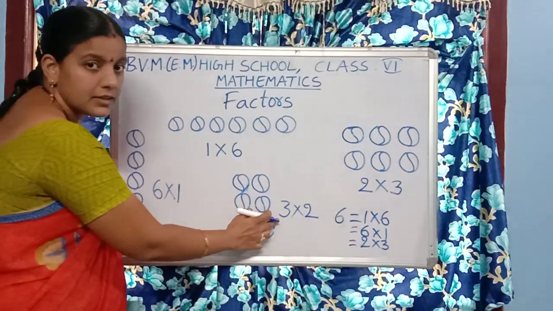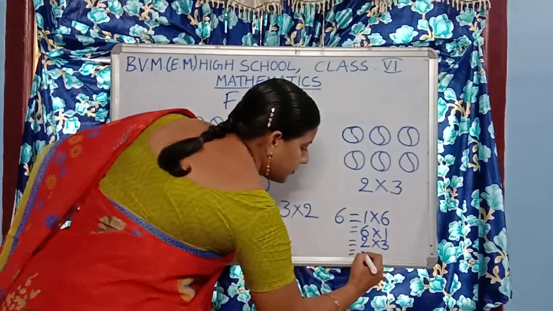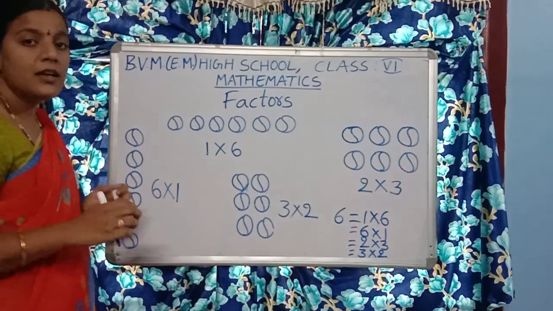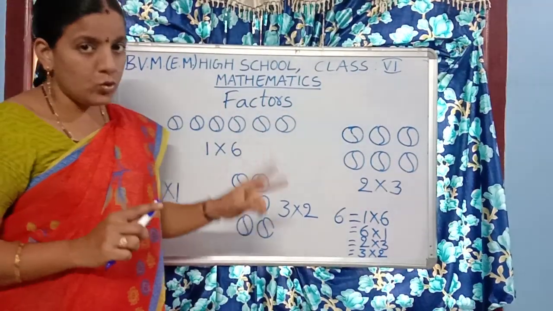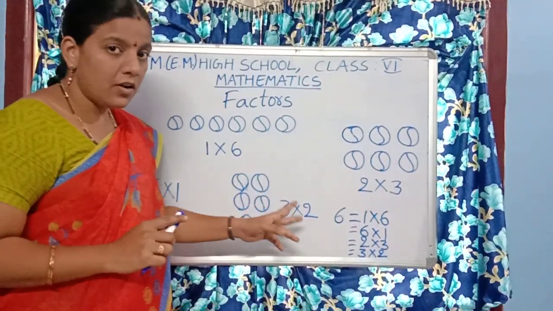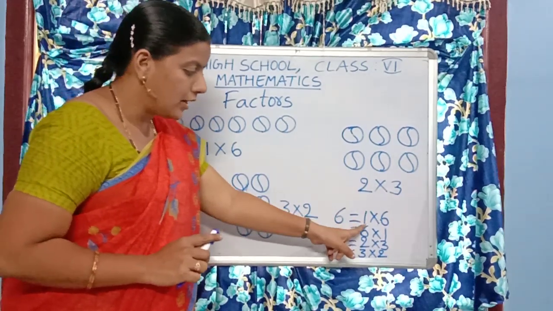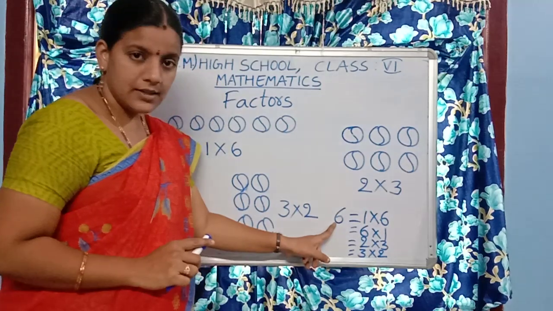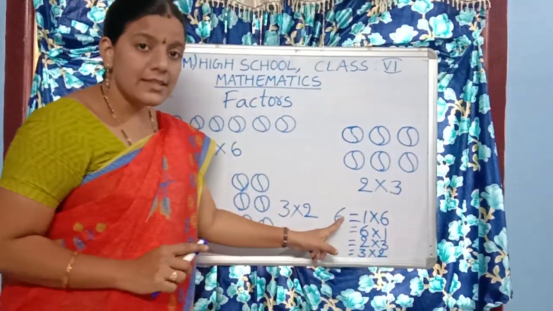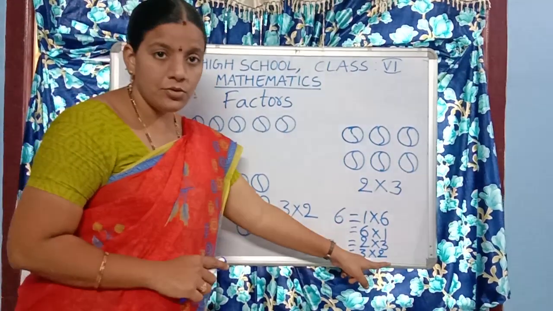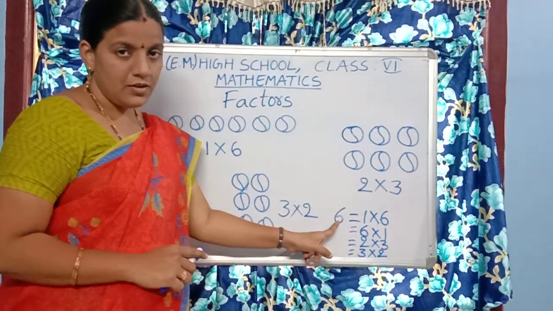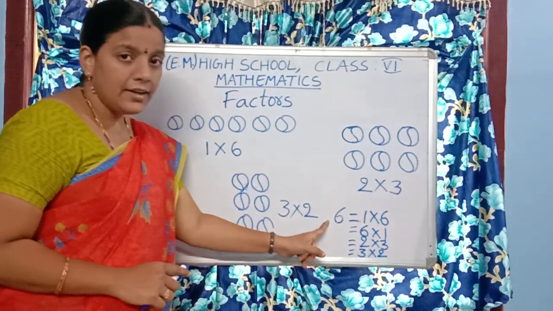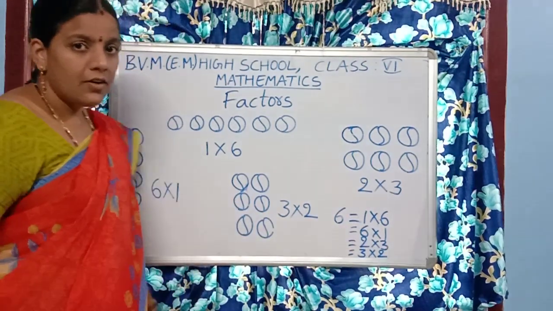And 3 into 2. In how many ways we can write the 6? Product of two numbers. 1 into 6, 6. 6 into 1, 6. 2 into 3, 6. 3 into 2, 6. Okay? In these ways we can write 6 like this. Okay children?